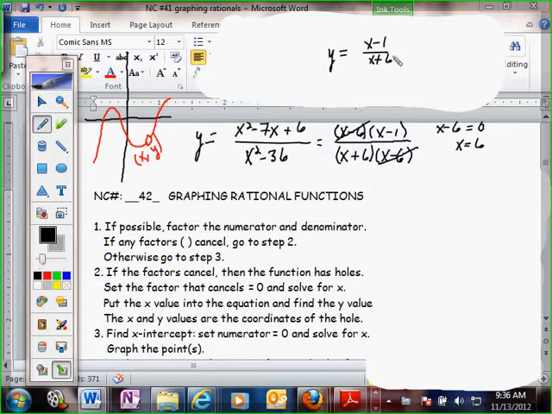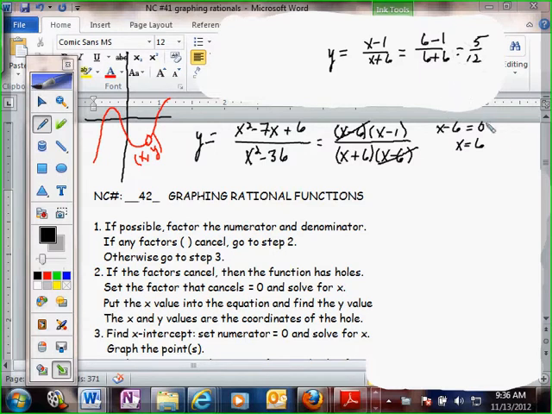So you go to this function with what's left, plug in x equals 6, and solve for y. So we have 6 minus 1 over 6 plus 6, which is 5 over 12.